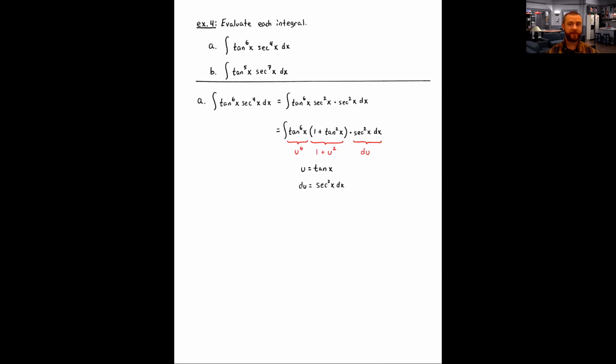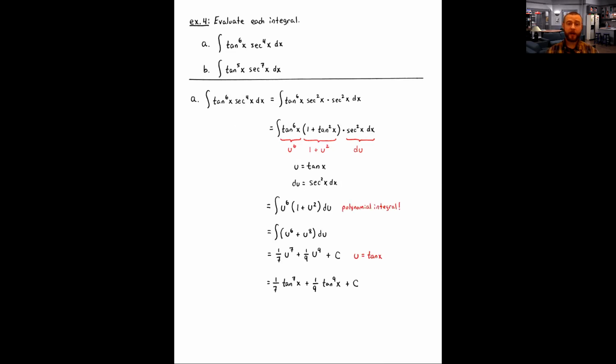If we convert everything properly, we should get tangent to the sixth converting to u to the sixth, in parentheses 1 plus tangent squared converting to 1 plus u squared, and then secant squared x dx converts to du. At this point, we get a simple polynomial integral in u, and we can complete the question just by expanding that and integrating those powers of u using the power rule for antiderivatives.